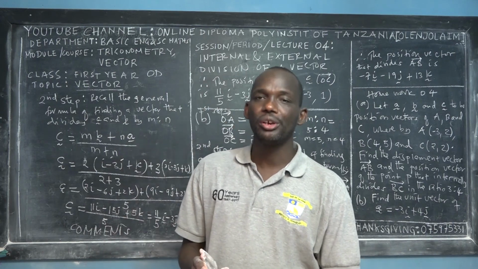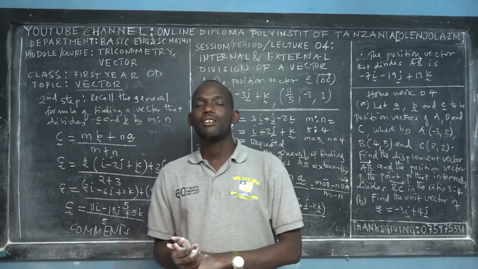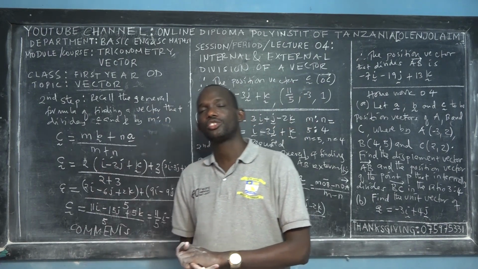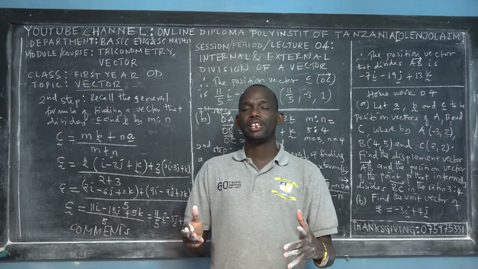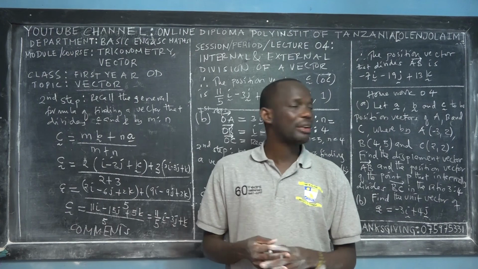I invite you to lecture 5 of vectors for the ordinary diploma engineering and scientific students. So make sure that you meet there. There's a lot of things that we're going to cover. And make sure you do the homework.